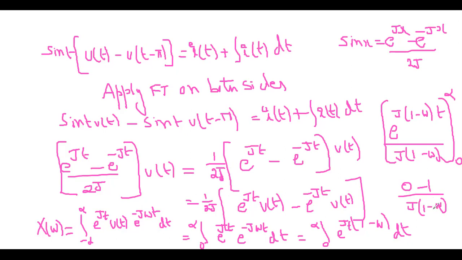For the second term also, we get minus of minus e power minus. Take the minus as common, 1 plus j omega. For 0 to infinity, minus into minus is a plus.